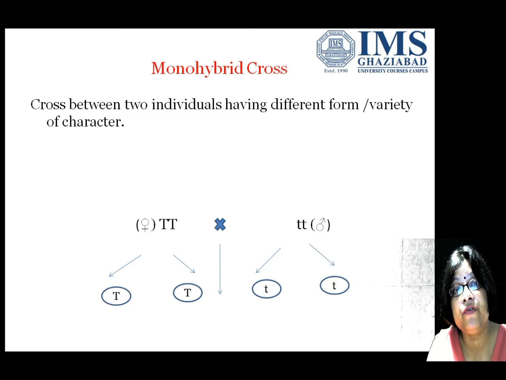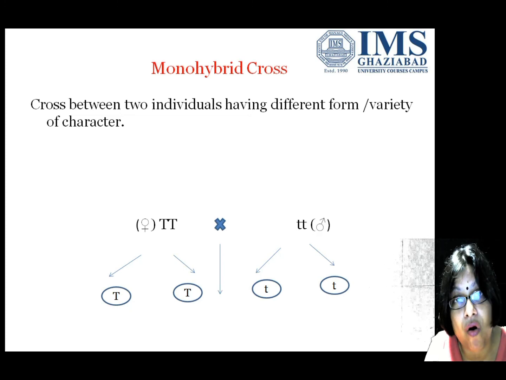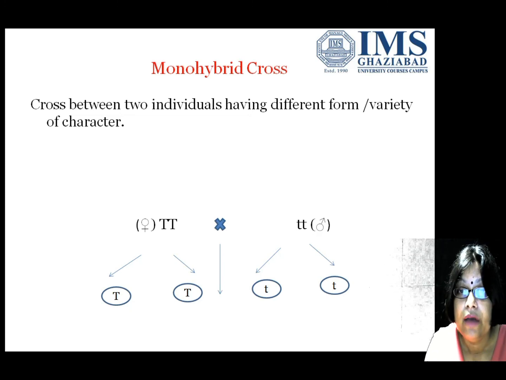So when we do a cross by taking a single characteristic which differs in two different forms, and we obtain the F1 hybrid, then this is called a monohybrid cross.